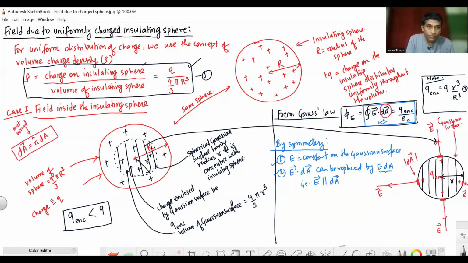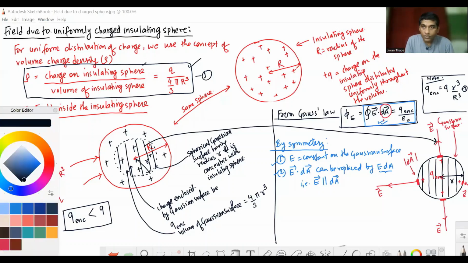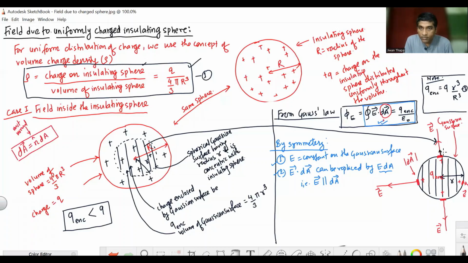So let us draw a unit normal, n cap, which gives the direction of vector area.